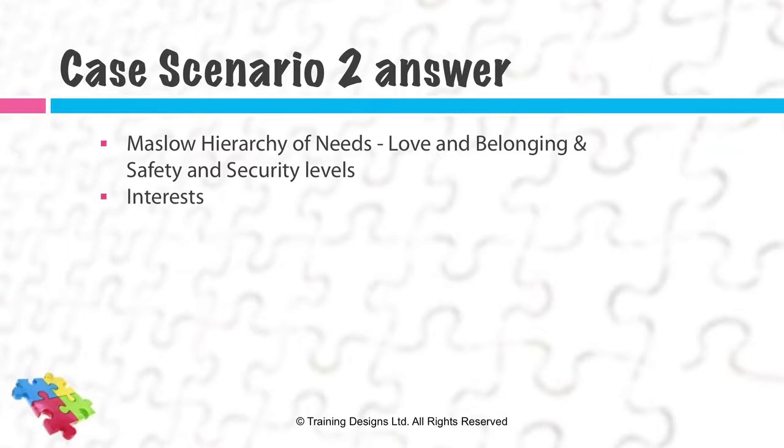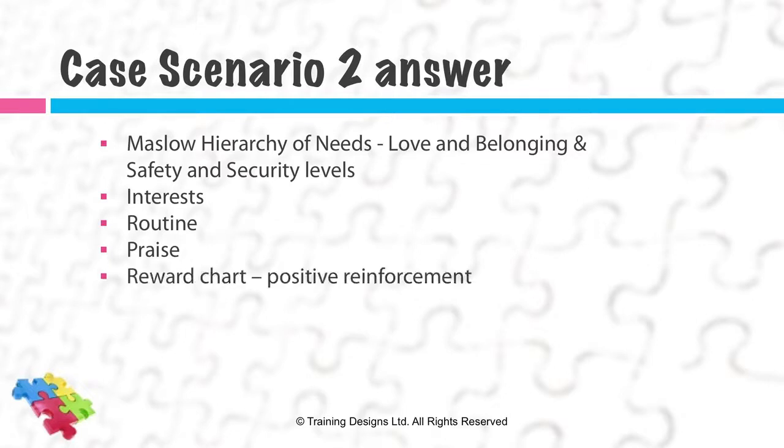It's also about finding out what his interests are and allowing him to become used to the routine in the setting. Another thing to use with Josh is a lot of praise, smiling at him, and maybe introducing a reward chart as a positive reinforcement of his good behaviour, and letting him know that unwanted behaviour is not acceptable.